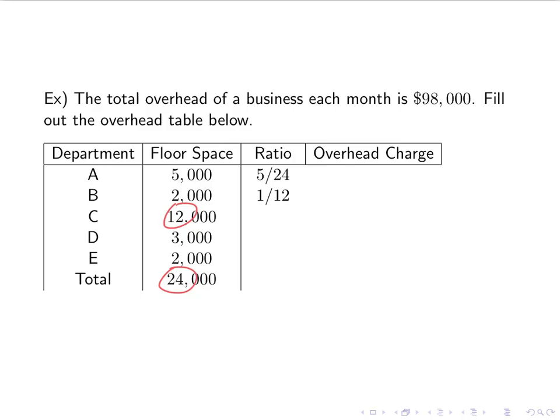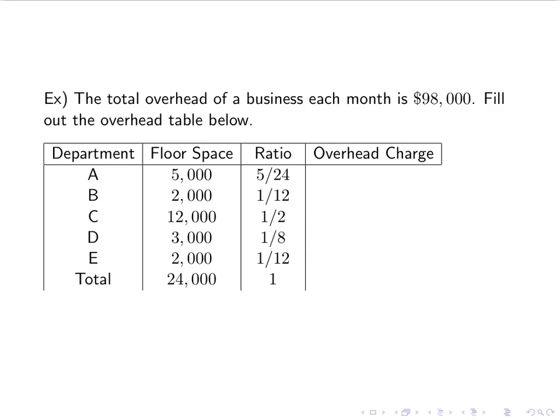Again, that does simplify to a half. For D, I have 3 over 24. Again, that simplifies, 1/8. And then again, Department E is the same as Department B. So again, I have 1/12. I'm going to check it. I'm going to add these guys all up, make sure I get 1. I do, so I'm good to go.